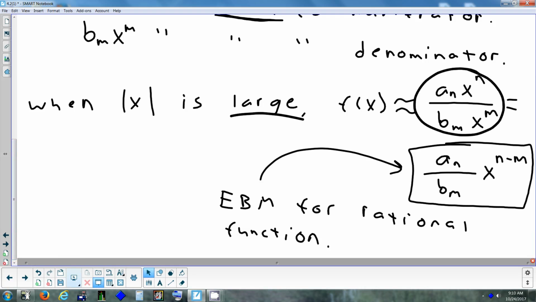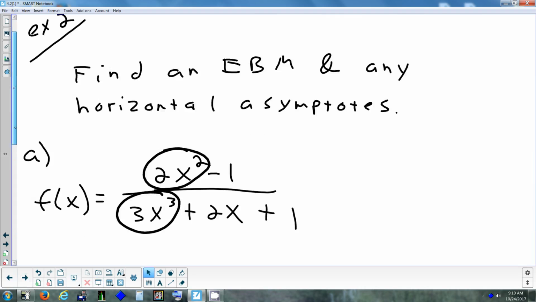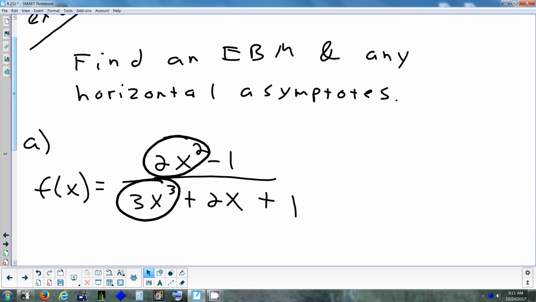And now the next page, I already kind of circled and started the problem, but we'll look at that now. All right, so this one says find the end behavior model. We'll worry about horizontal asymptotes after.